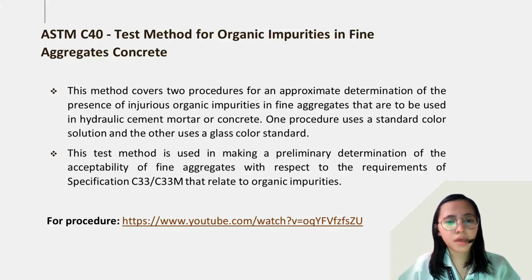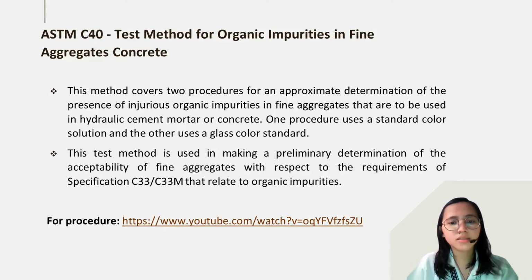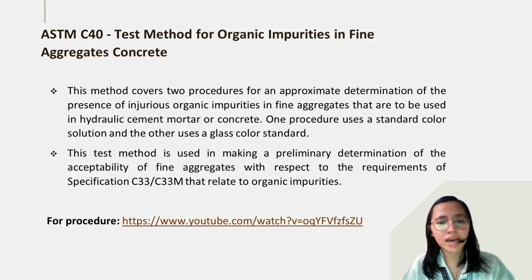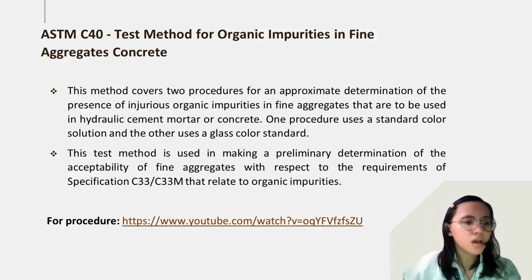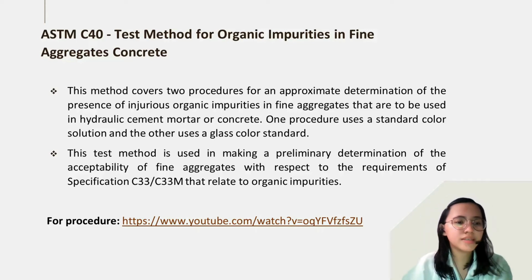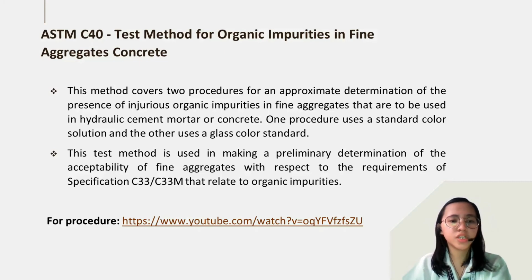This test method is used in making a preliminary determination of the acceptability of fine aggregates with respect to the requirements of specification C33 or C33M that relate to organic impurities. The principal value of this test method is to furnish a warning that injurious amounts of organic impurities may be present.